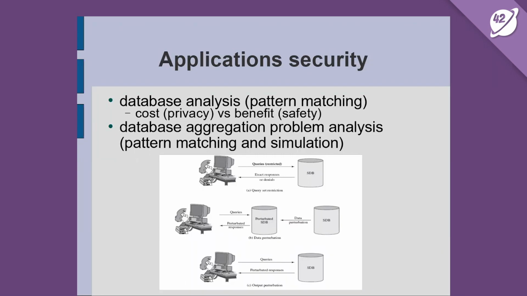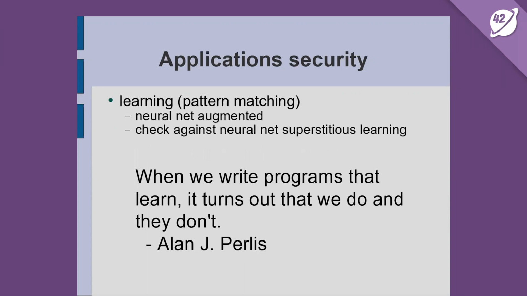And looking, as I talked about in terms of the differential privacy, the cost of privacy versus the benefit of safety, and some of those calculations, a database aggregation problem analysis, and again, the privacy budget, privacy accounting calculations that differential privacy is meant to address. They're going to be very complex, and so quantum computers are probably going to be an area that will assist us in there.